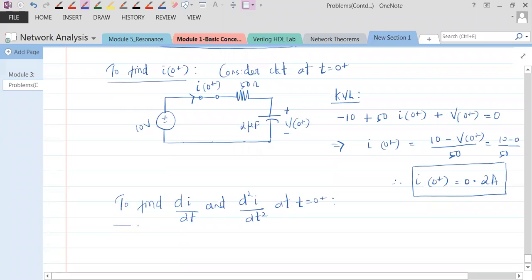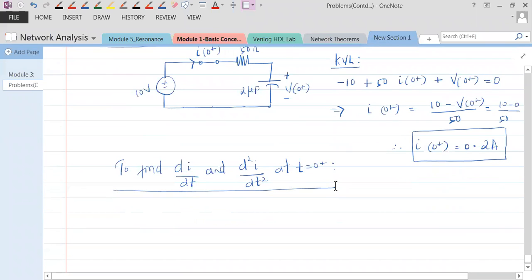We're again applying the KVL to the same circuit, but we write it in a different way. So again, consider the circuit at t equal to 0 plus, which we have considered already in the previous case. You need not write it again.